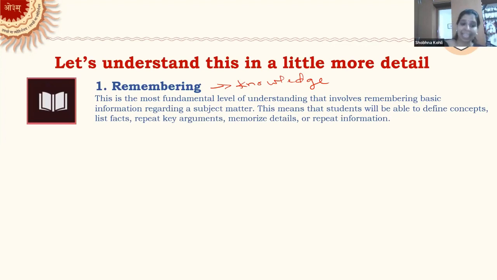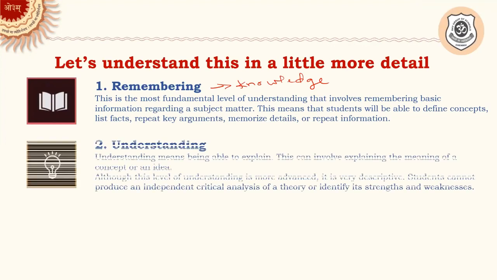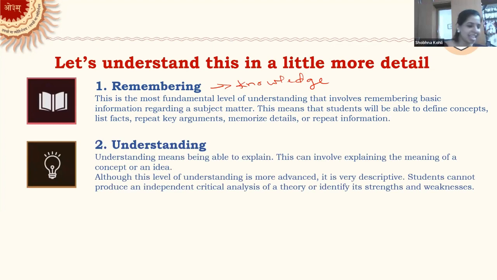Now we'll come to the second level of the learning skill. What was that? Understanding. Definitely understanding will be more than remembering. Understanding means being able to explain. Here, the child will be able to explain what he is learning, which can involve explaining the meaning of a concept or an idea.